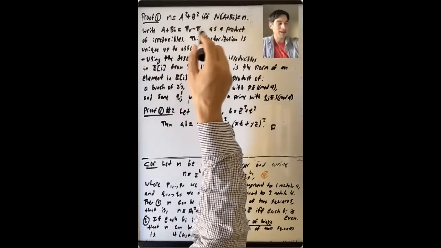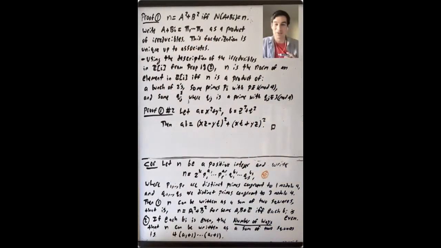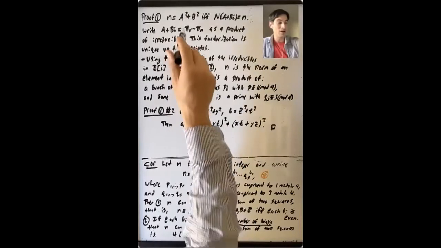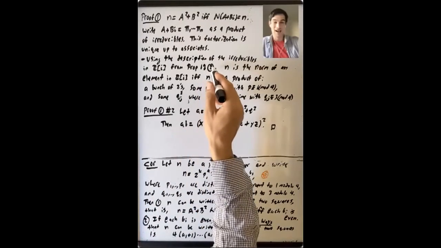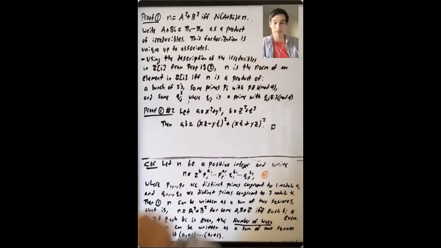So let's take our finite product of irreducible elements. What things could occur in this finite product? We're proving a corollary of this proposition 18, and the second part of this proposition gives a complete description of what the irreducible elements in Z adjoin i are. And we helpfully noted what all of the norms of those elements are.